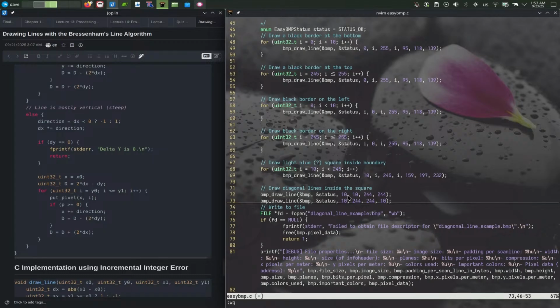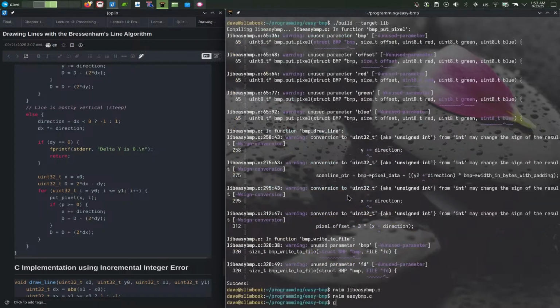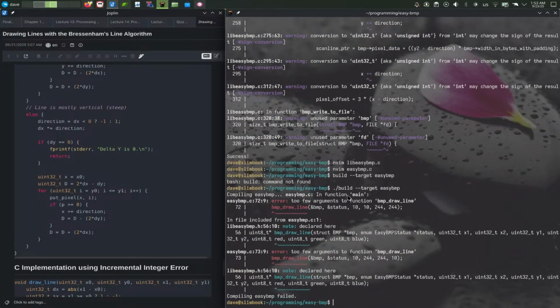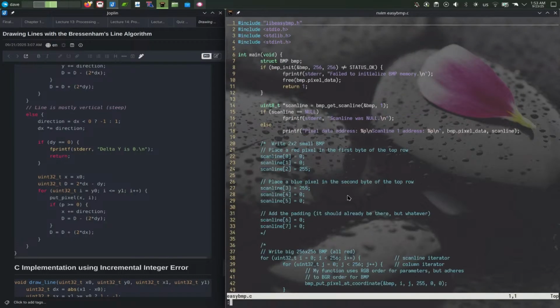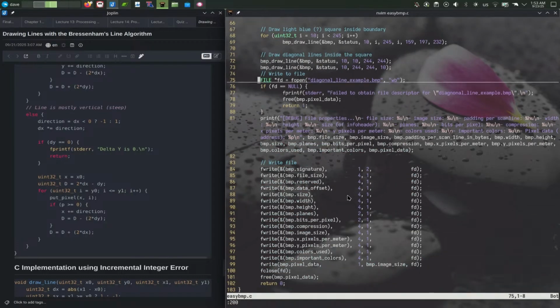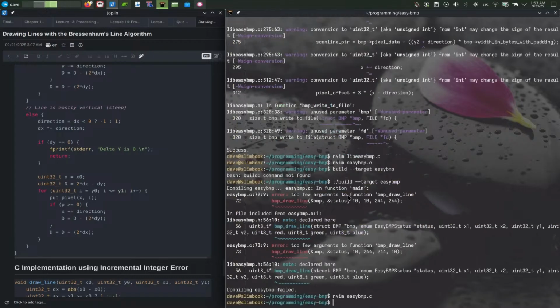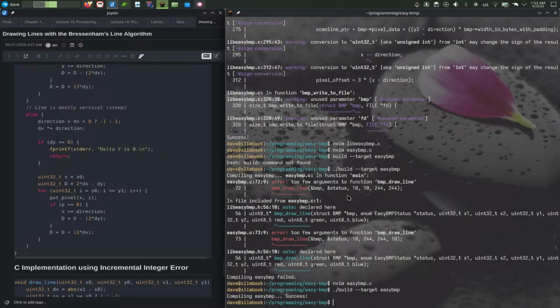I hope it works, right? Oh, because I didn't provide the color. Silly. Yeah, so I said the line should be white, so all the values should be maxed out. Okay, that was cool. Let's run it.